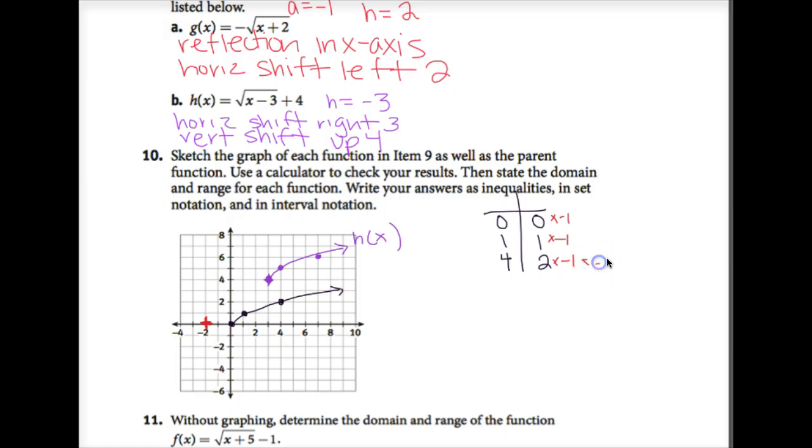If you just can remember to move down instead of up, that's perfectly fine. So left and right 0, down 0, right 1, down 1, and then right 4, down 2. So 1, 2, 3, 4, 1, 2.